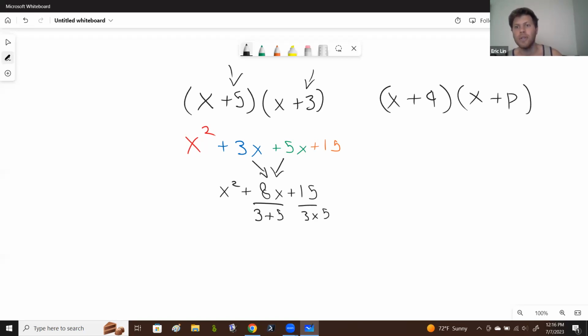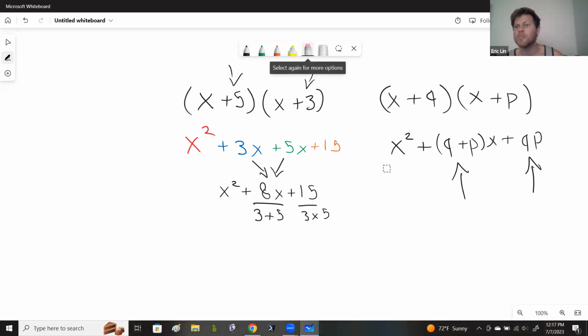I know that the quadratic expression that they end up multiplying into will be something like this, where the middle term has a coefficient of the two of them added together, and the final term is the two of them multiplied together.